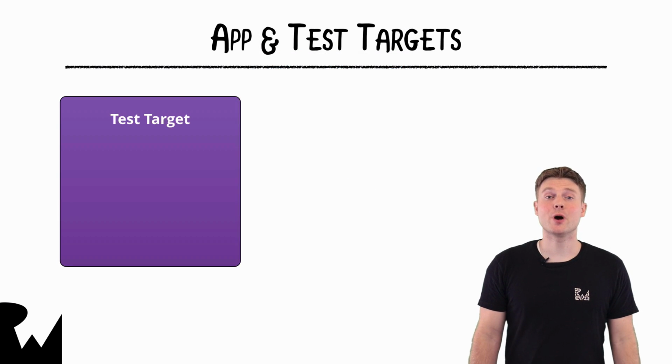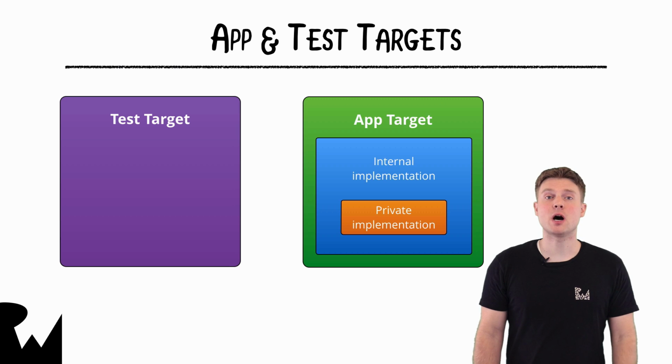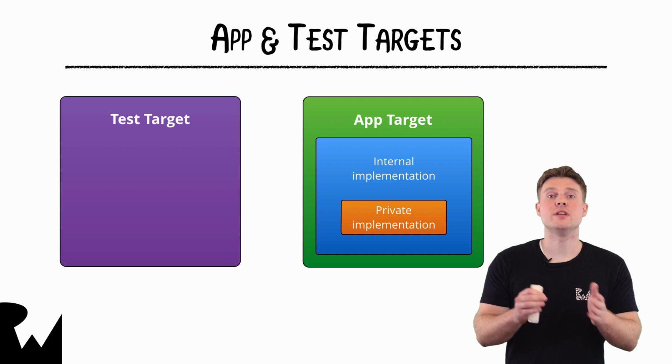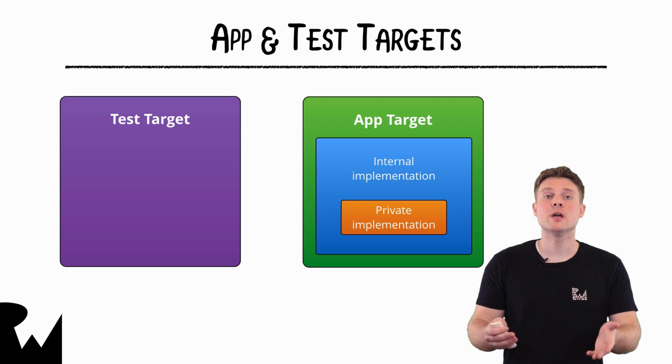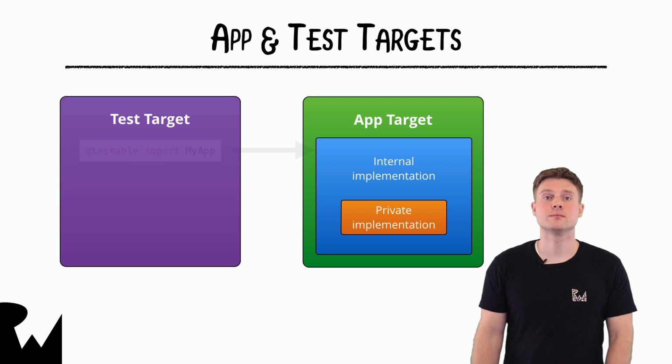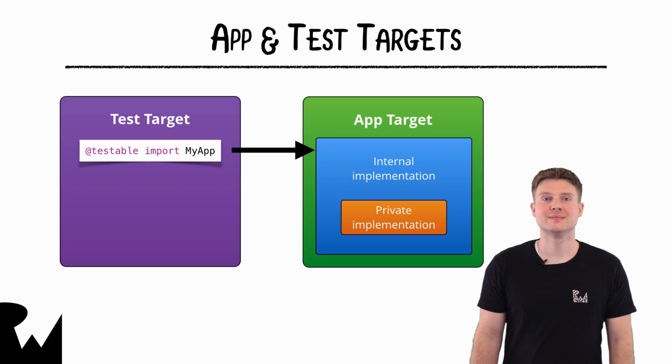Tests in iOS run in a separate target from your main app. This means Swift's modules and namespacing come into effect. Normally, you can only access the public parts of a different module. However, Swift adds a special import for use in testing, @testable import.